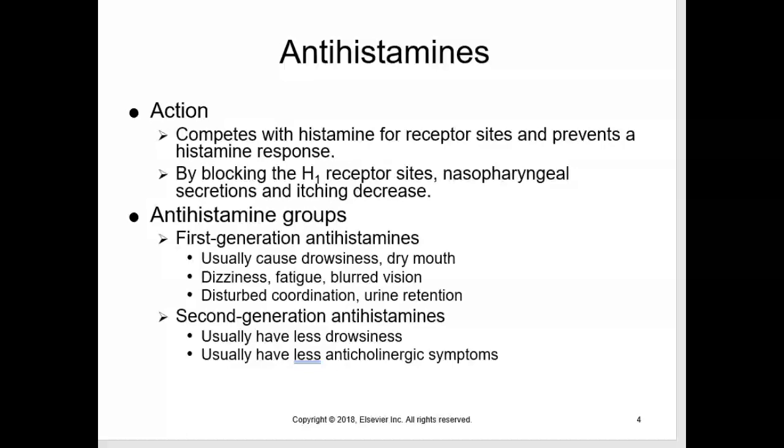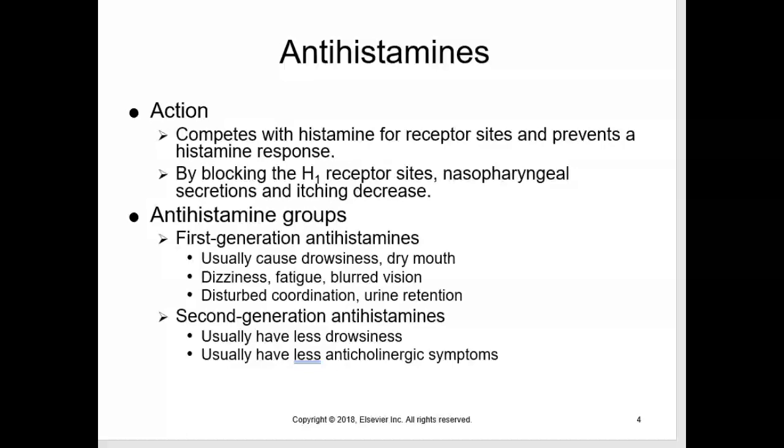Our prototype drug, diphenhydramine, a first generation antihistamine, is going to have anticholinergic side effects. And when you think anticholinergic, what type of side effects are you thinking about? If you need to pause the video and get your thoughts straight, please do so.